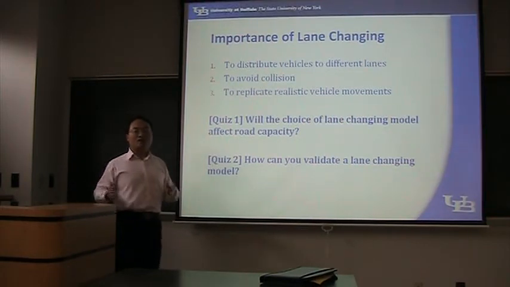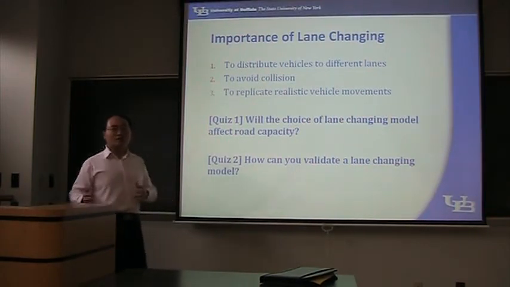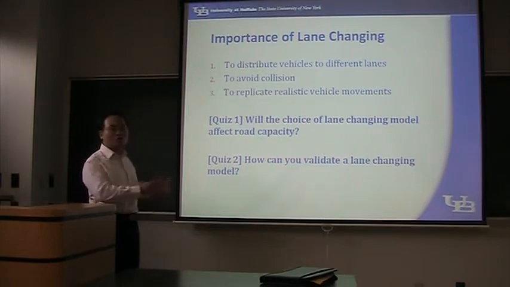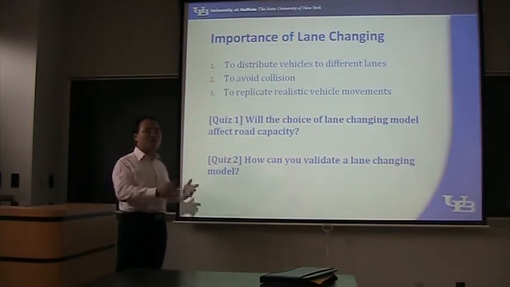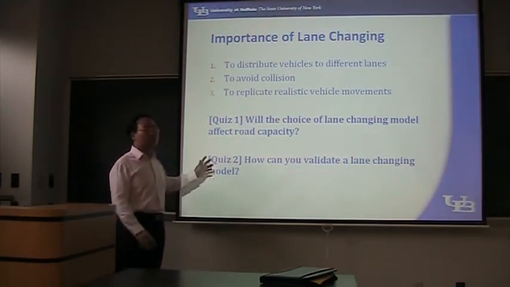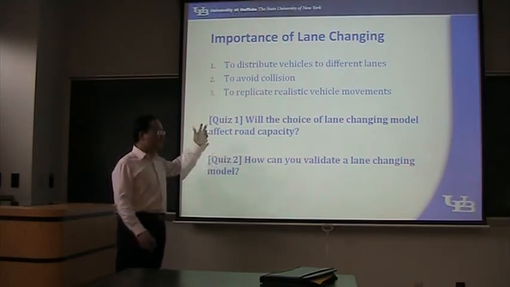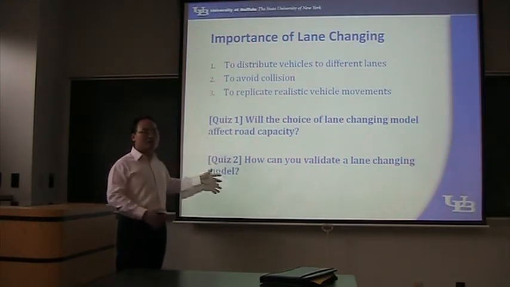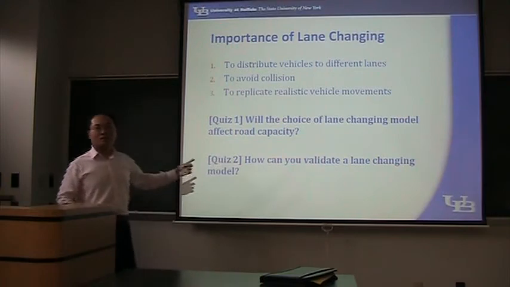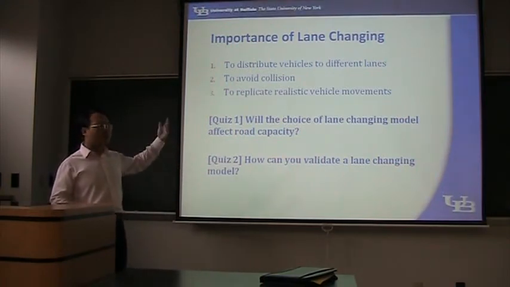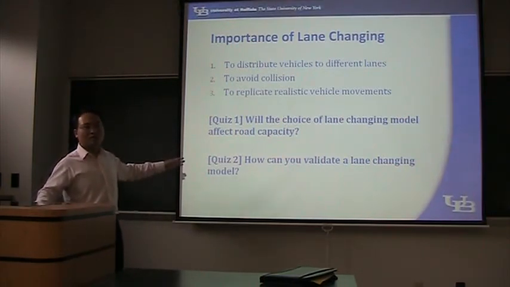It will affect the traffic flow. It will affect a lot of things. This is good news for us because then we can use a lot of data to validate or calibrate this model. So this is different from the car following model. I want to emphasize this. Do you have a question about this?